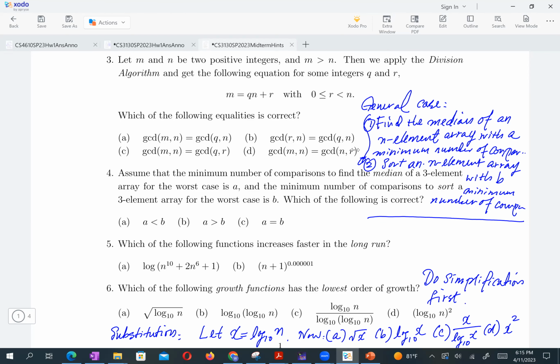So the basic fact is this. When we find the median, we do not have to sort the array in general.